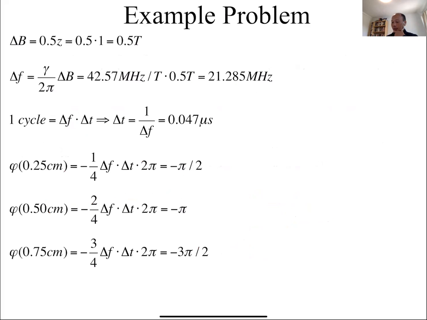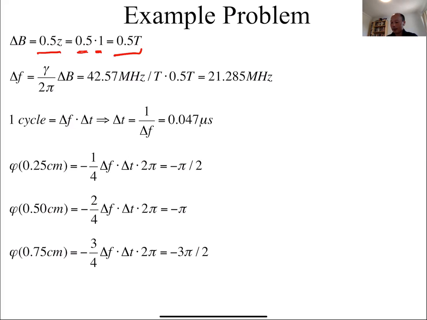We know the difference between the two spins, so delta B is 0.5 z. That's 0.5 with 1 centimeter of difference. So there's 0.5 Tesla of difference, which is quite a bit between those two spins. The next thing we have to calculate is the difference in precession frequency.